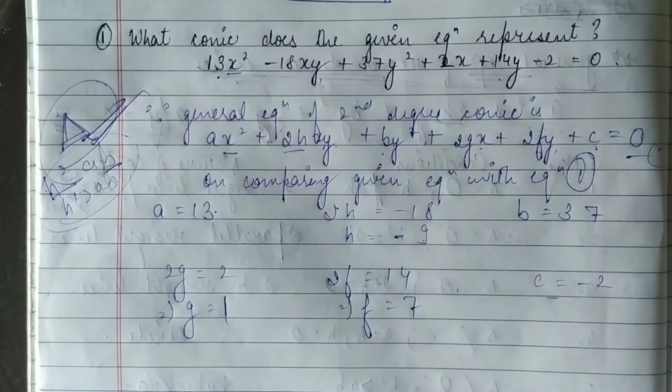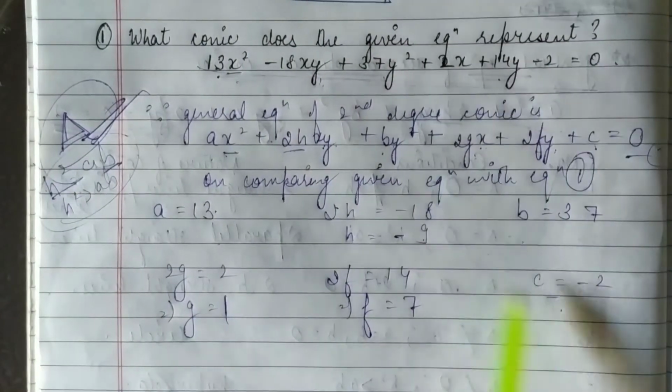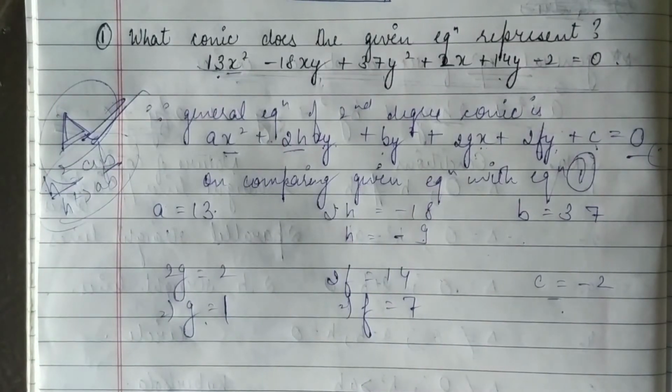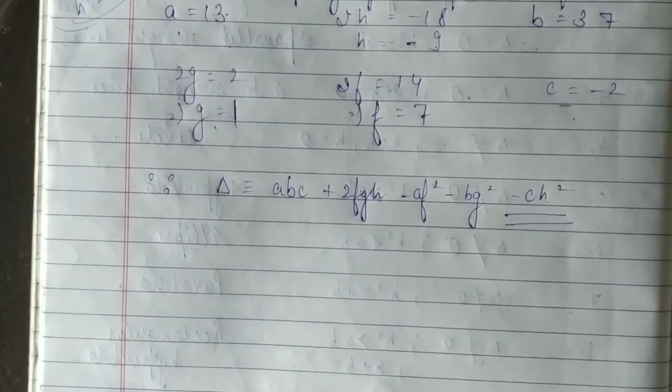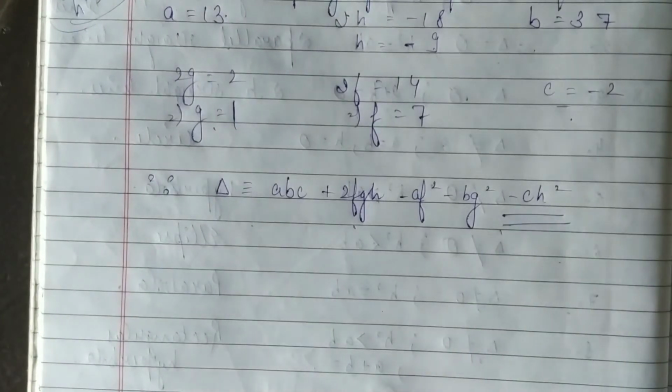Since on comparing with the general equation of the conic we have found the values of a, b, c, f, g, h, now we will find the delta using these values, and after seeing the delta we will find further values. And we know the formula of delta.